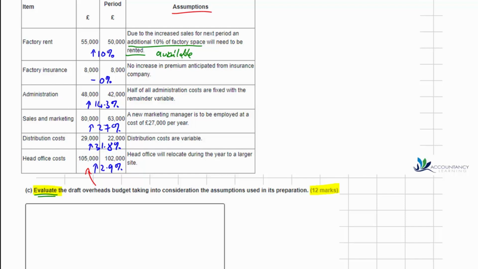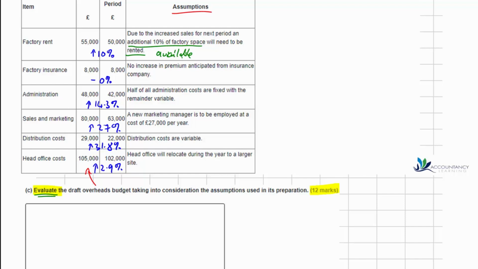But potentially that may not be so easy. If we have to rent some space that's physically in a different location, then that 10% increase may not really be appropriate. We might need some space for offices and security and so on. So where does that 10% come from? It seems to be a bit arbitrary compared with the planned increase in our production facilities.